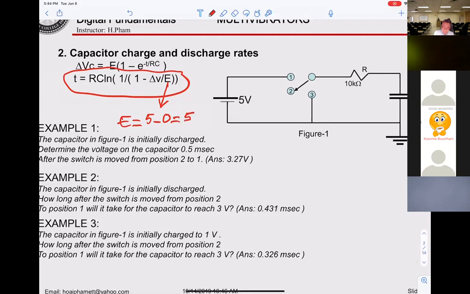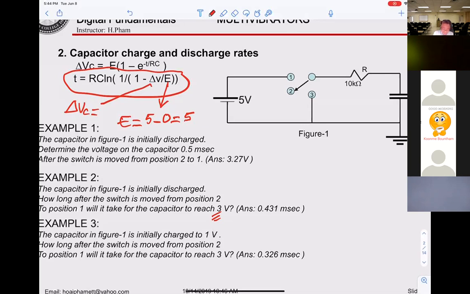And now you need to know what delta VC is. So they say the capacitor reaches 3 volt, they start at 0 and they reach 3 volt.